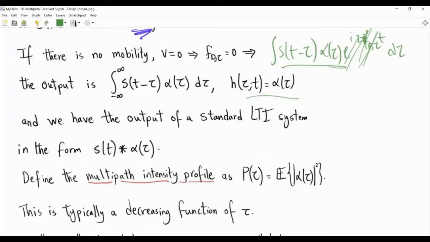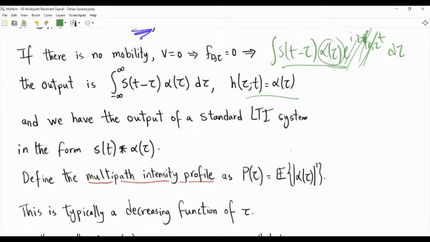Okay, before we proceed, let's take this alpha of tau. Remember what alpha of tau was? For the path with characteristic delay tau, alpha of tau is the complex amplitude of the path. If you take the magnitude squared of alpha of tau and then take the expectation, why take the expectation?